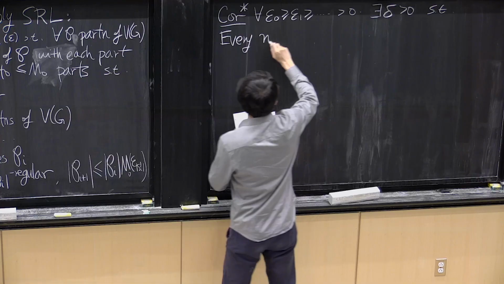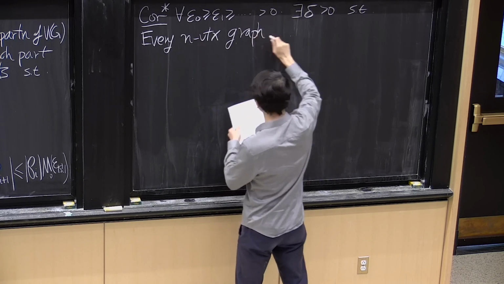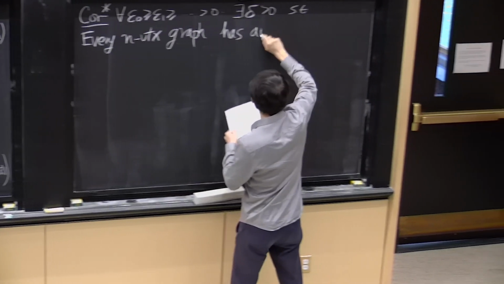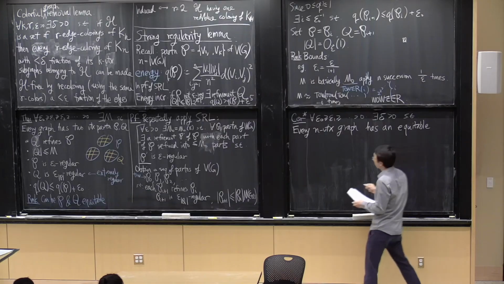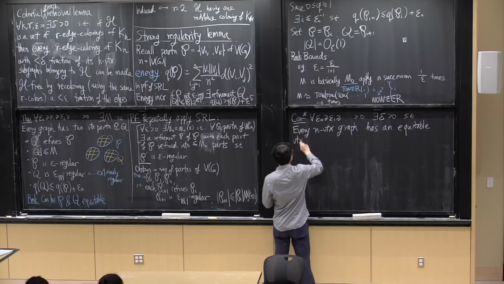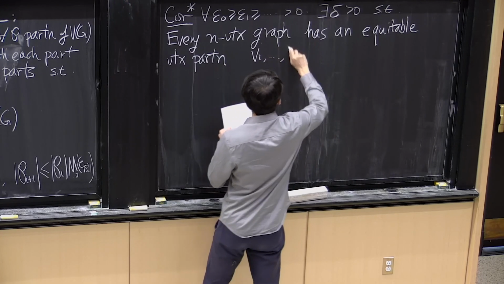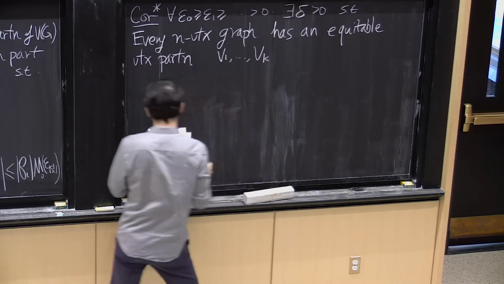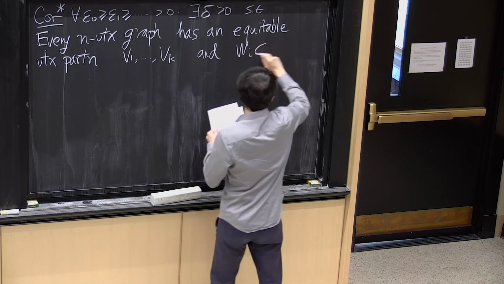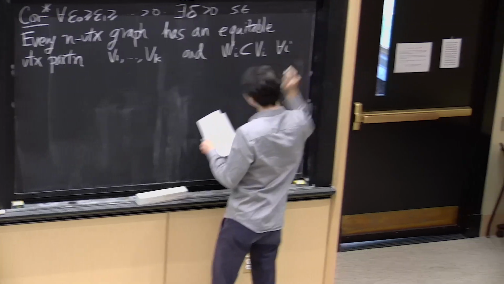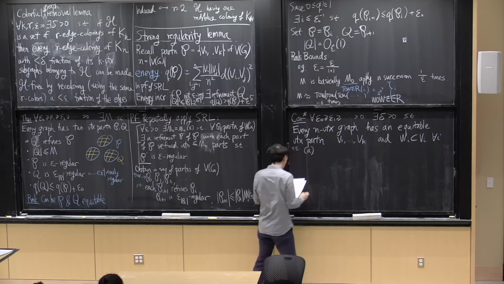Every n-vertex graph has an equitable vertex partition, call it V_1 through V_k, and a subset W_i of each V_i, such that the following properties hold.